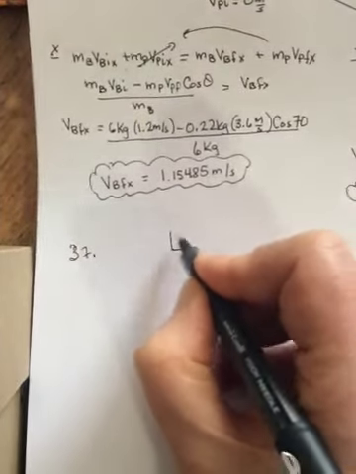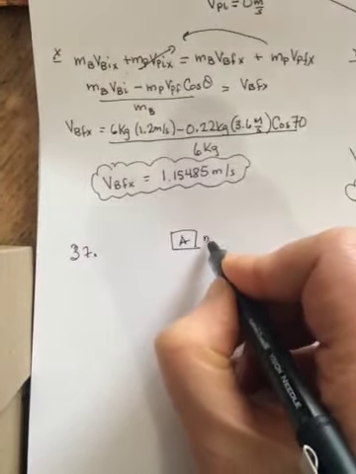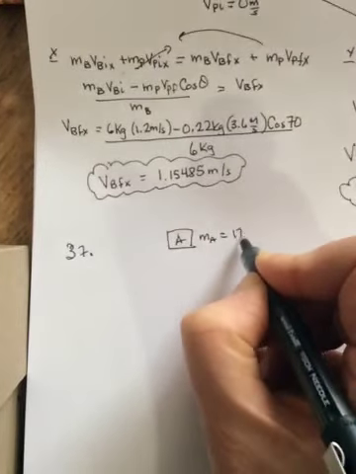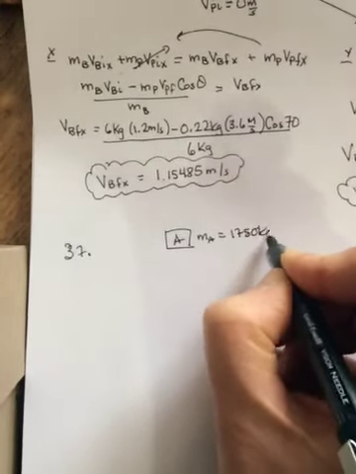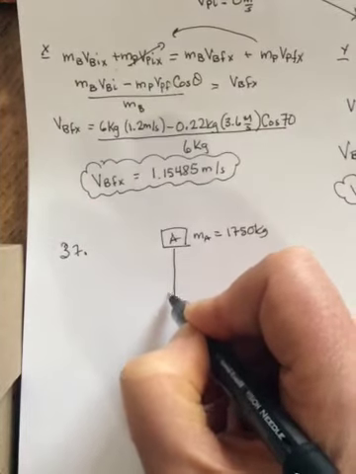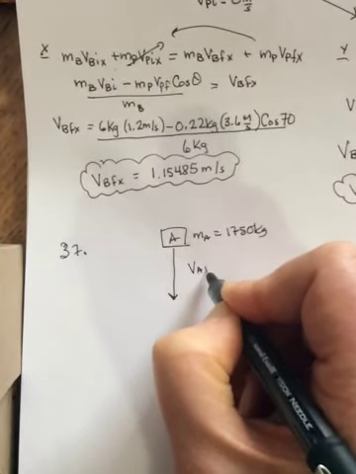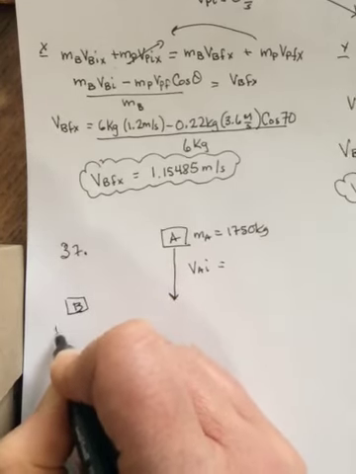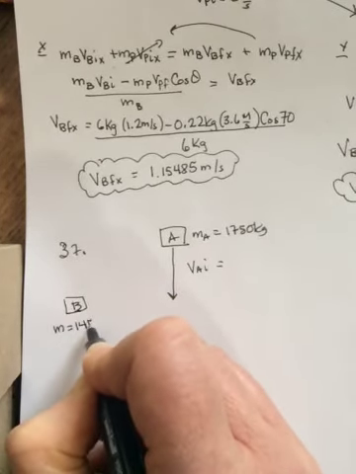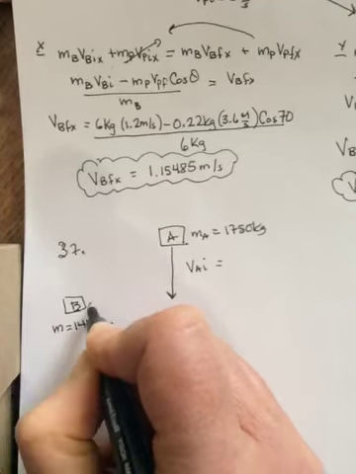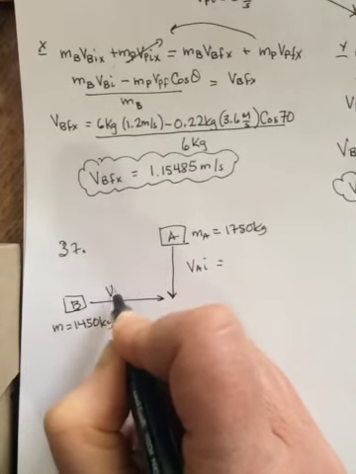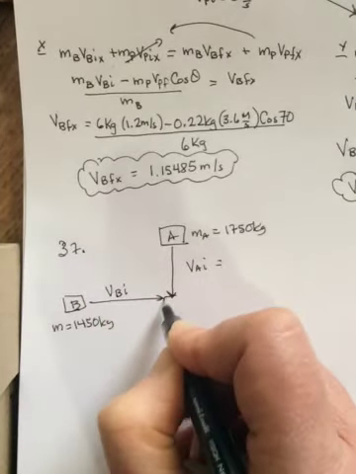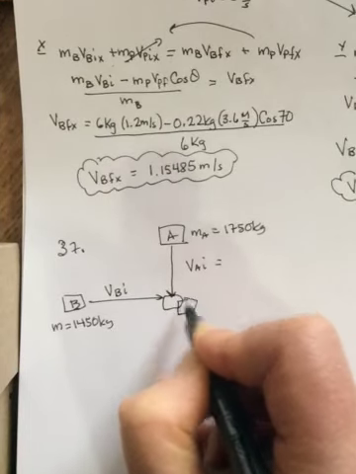Car A, mass of 1750 kilograms, is heading south, and we don't know A's initial velocity. Car B, mass of 1450 kilograms, is heading east, and we don't know B's initial velocity. But what we do know is that they collide at the intersection.